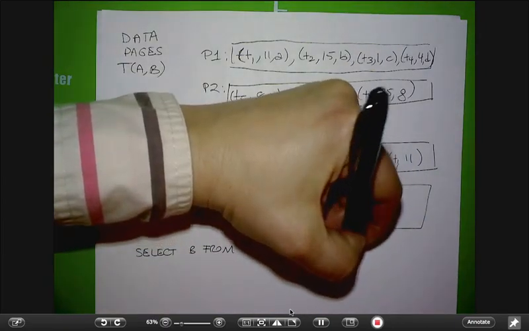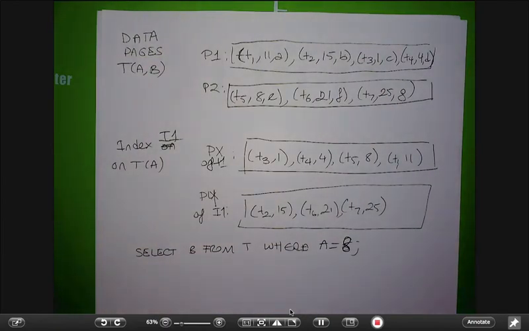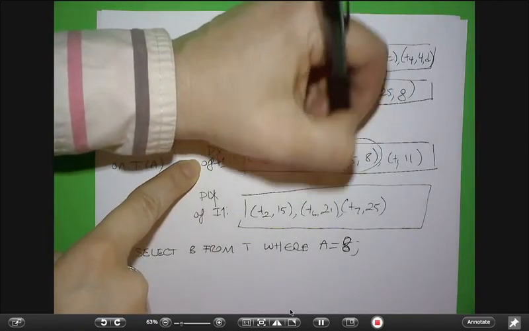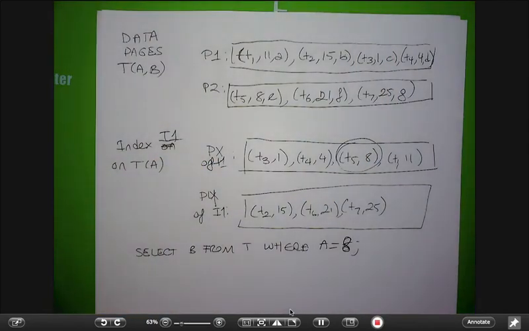If, let's say, A is equal to 8, I can scan the index. The index will tell me, if I look at P of X, that there's a tuple 5. But looking at the index, do I know what the B value is?